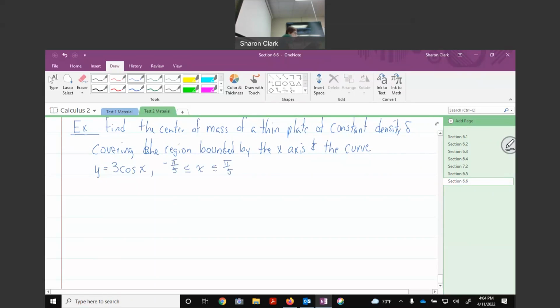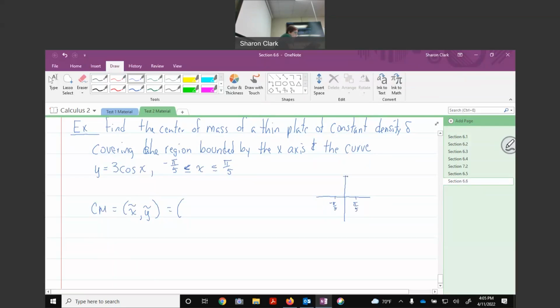Okay, so they gave us an interval, so we don't have to find our interval. So our center of mass, or what we think it's going to be, x tilde, y tilde, is... now, when we draw this picture, we go from negative pi over 5 to pi over 5.